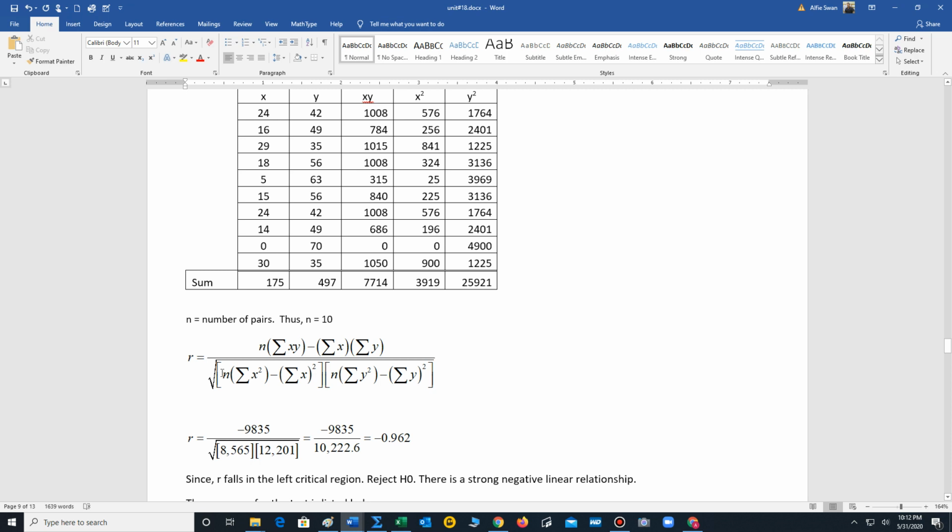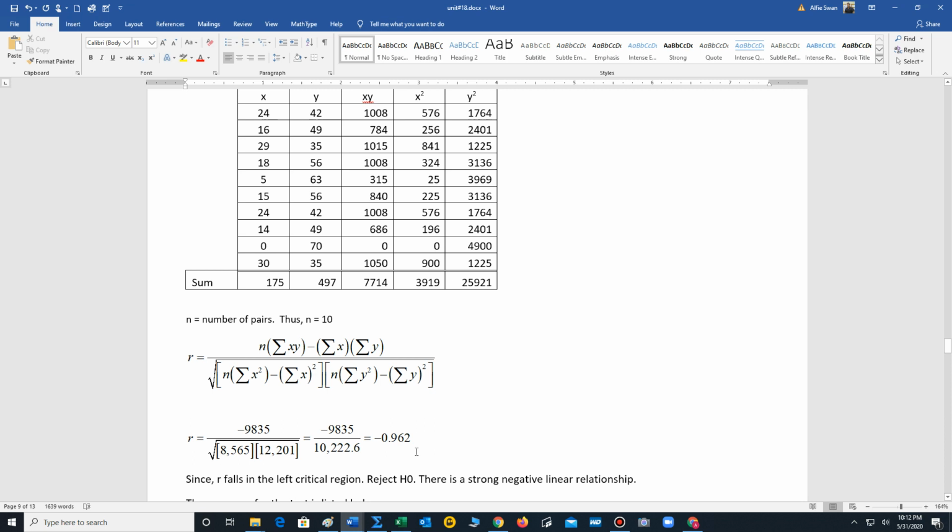In our first bracket, we have n times the sum of the x squared column minus the sum of the x column squared. Second bracket, n times the sum of the y squared column minus the sum of the y column squared. So we insert these values into the formula and calculate.